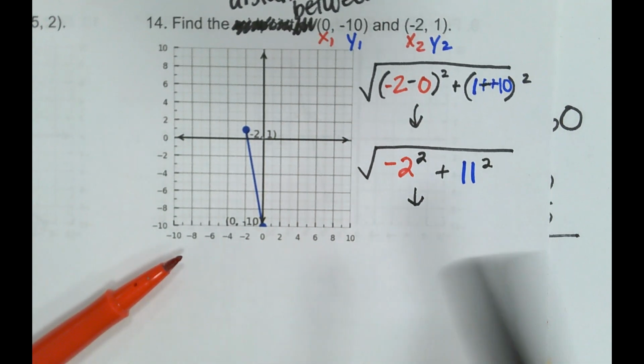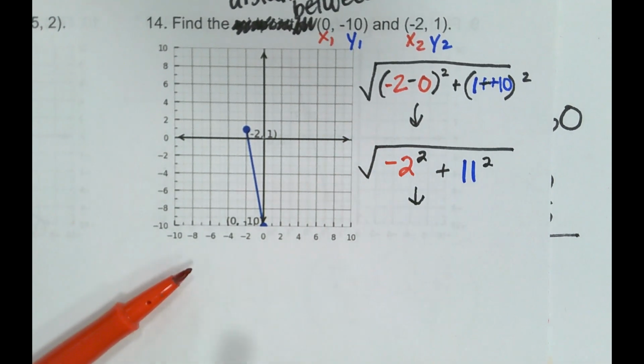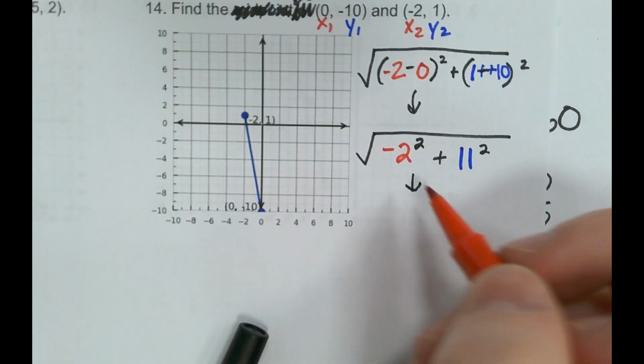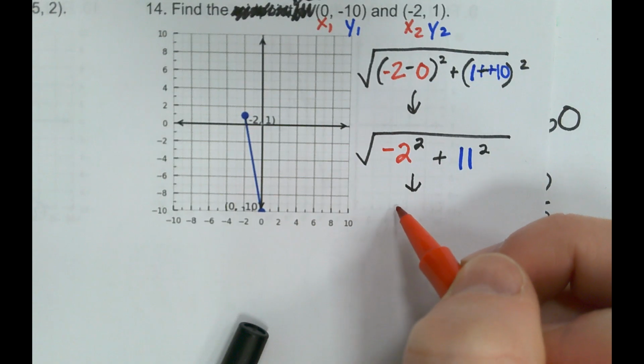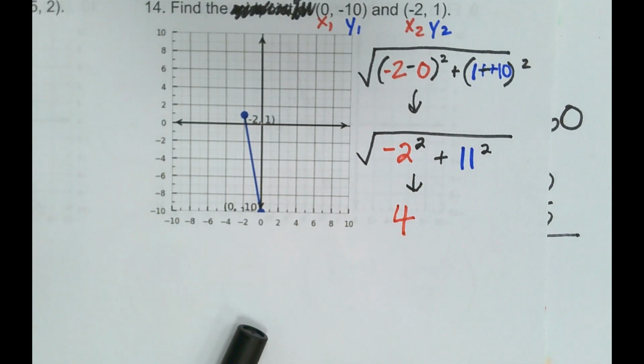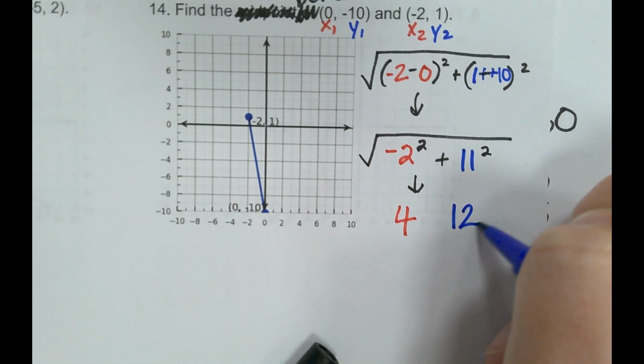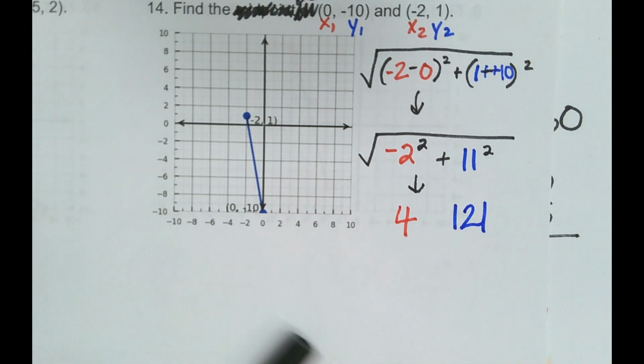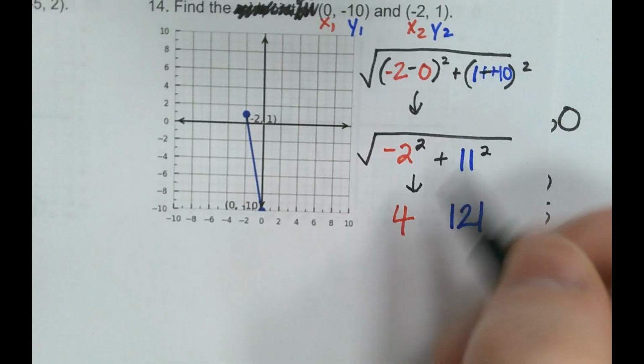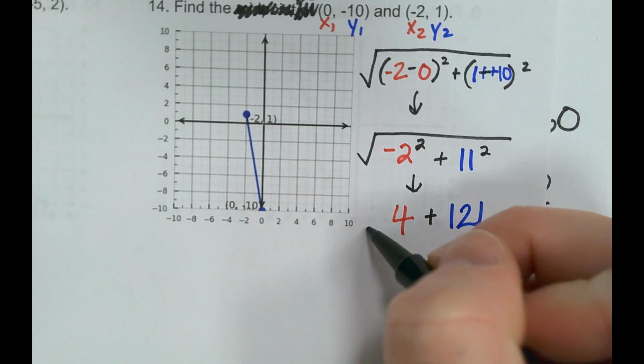We're going to use our little 2's, our exponents. So -2 squared would be 4. Good. And then 11 squared. That's going to be a bigger number. I got 121. Perfect.